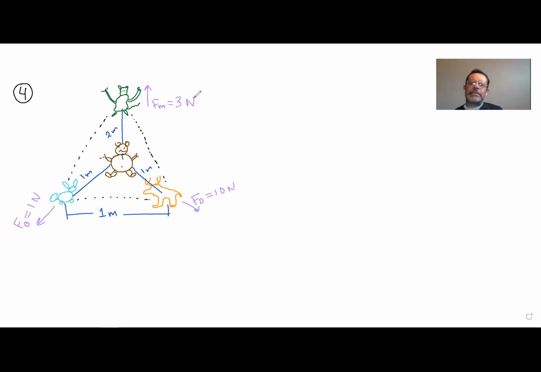We also have the weight of the bear, but there's something interesting here. Right now, we're looking at this in 2 dimensions, looking upwards. But actually, the weight of the bear, I'm going to call this W, is a force that is going into the screen.